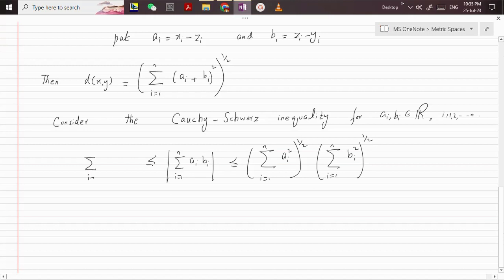The number without modulus, summation i from 1 to n ai bi.